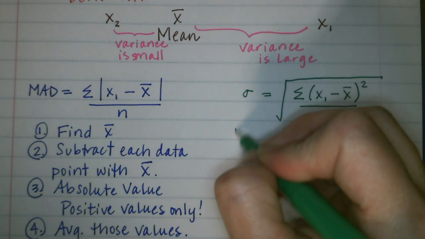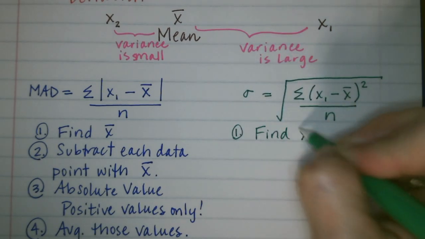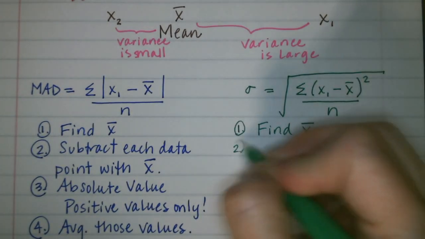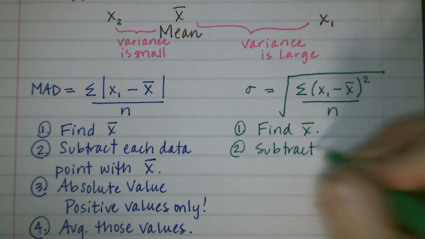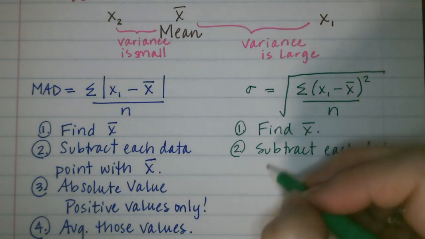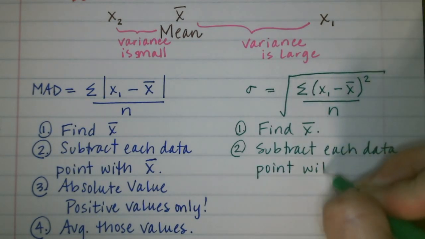So first thing we're going to do is find the average. So same thing. Then we're going to subtract each data point with the average.